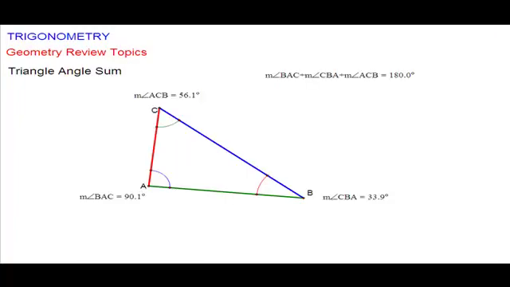This diagram relates to a geometry review topic known as the triangle angle sum. The three angles in any triangle always add to 180 degrees. Now, the reason I have this diagram the way it is to start with is that I've got a 90-degree angle at angle A. Angle BAC is another name for angle A in this corner.